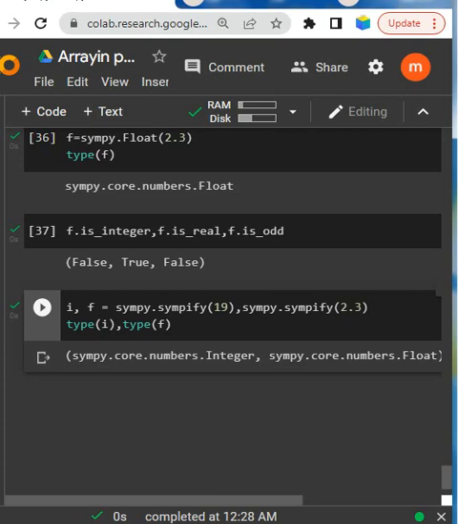So you can write here n equals sympy.symbols n, integer true, and we can easily ask the questions: n is an integer, n is positive, n is a symbol, so you can get the answer. And the same types of numbers you can write here, and ask questions.